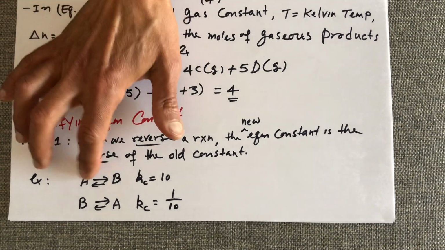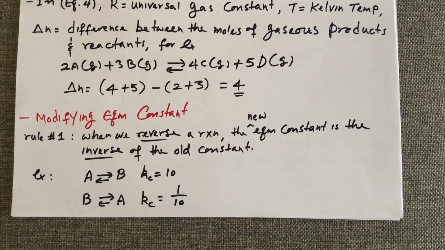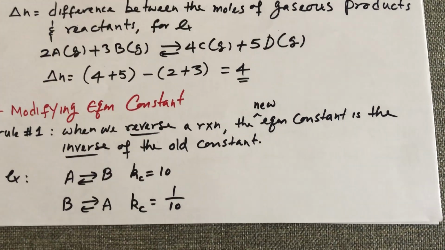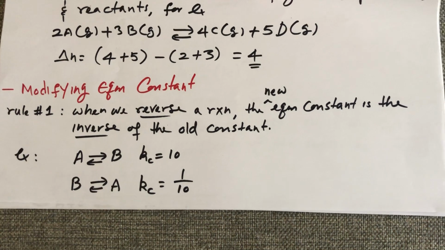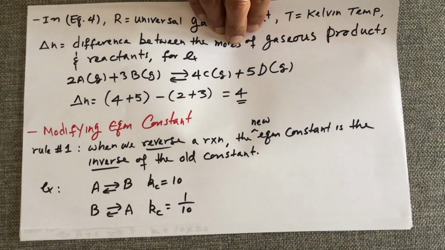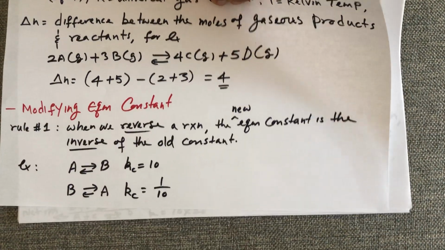So for example, if A goes to B has a Kc equal to 10, and then when we reverse the reaction, B going to A, the new equilibrium constant becomes the inverse of the old equilibrium constant.